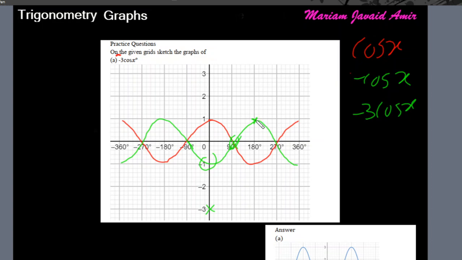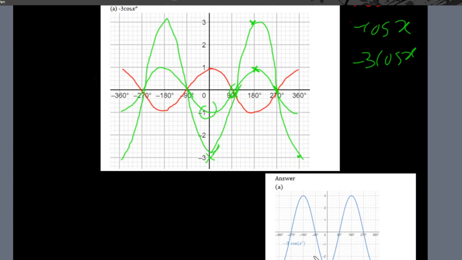So this was 1, this becomes 3, and then this was 0, this stays 0, and then this was minus 1, which becomes minus 3. So the new graph should look like this, and this graph is symmetrical about the y-axis, so we'll get a similar graph over here. So this is also the answer.